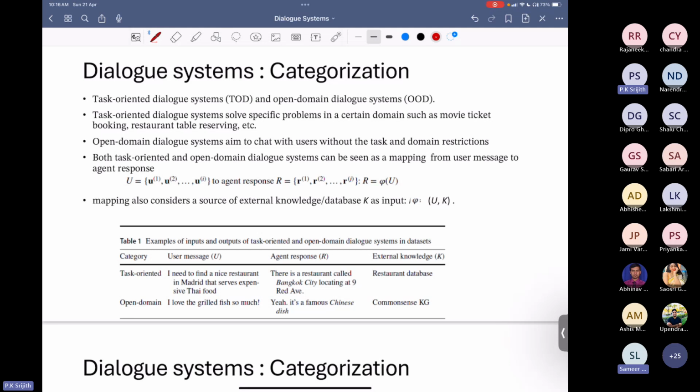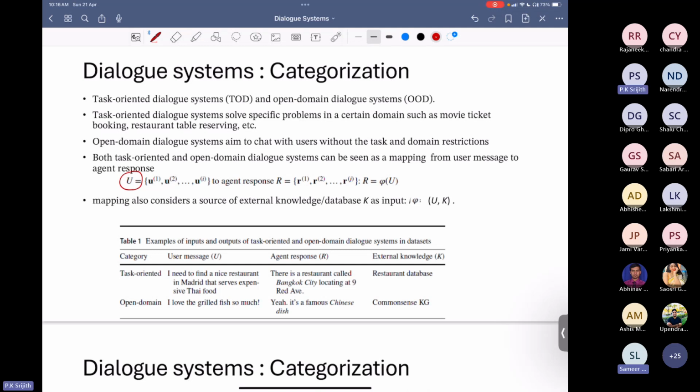In either case, from a machine learning perspective, the fundamental idea is that you will be having some user message in the form of U. So U is a user message, which consists of some sequence of words, something like u1 up to un.